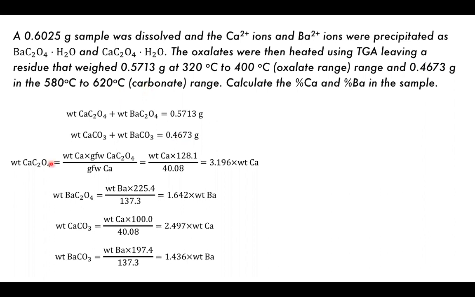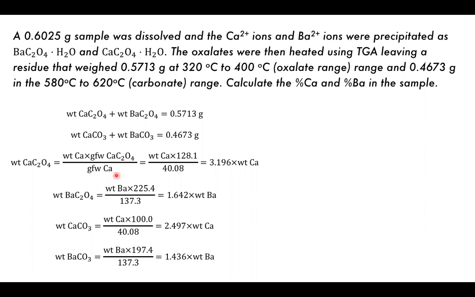So we can then rearrange these equations to express them in terms of the weight percent of calcium oxalate and barium oxalate. The weight of calcium oxalate is going to be equal to the weight of the calcium in the sample times the formula weight of the oxalate all over the formula weight of calcium.